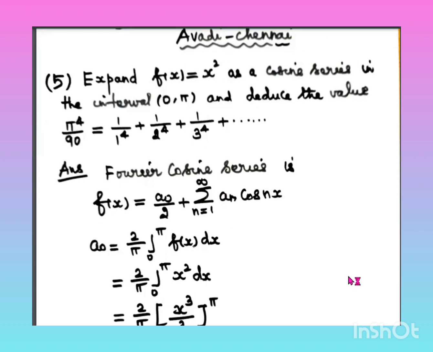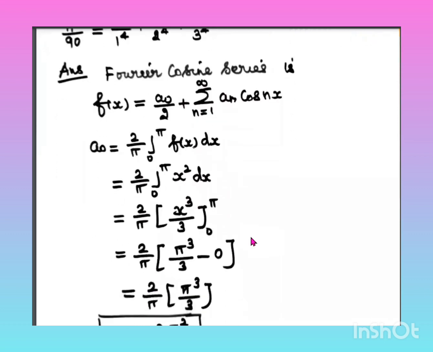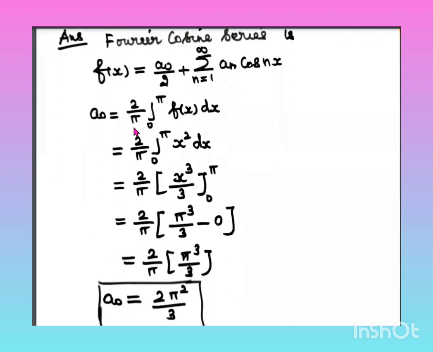But here we have to use half-range cosine series. You have to find the value of a naught as well as the value of an. Let us first find the value of a naught. A naught is equal to 2 divided by pi integral over the limit 0 to pi f of x dx. What is f of x? That is given in the problem, x square.